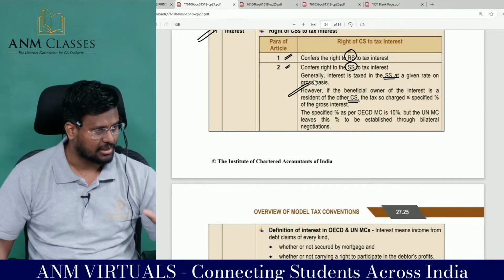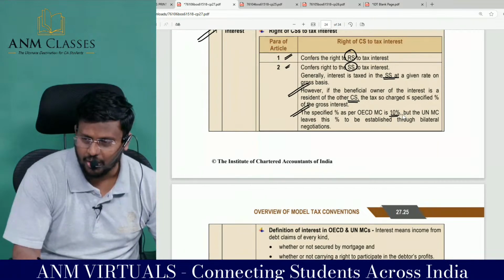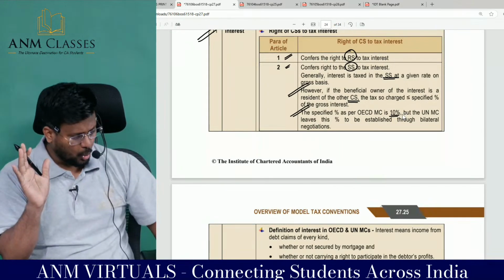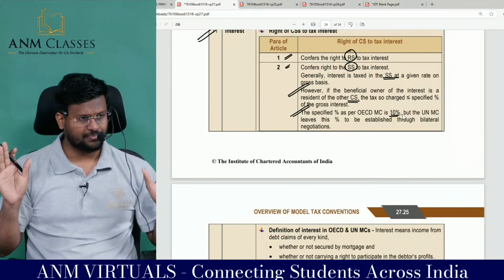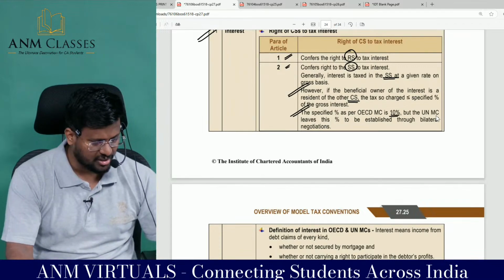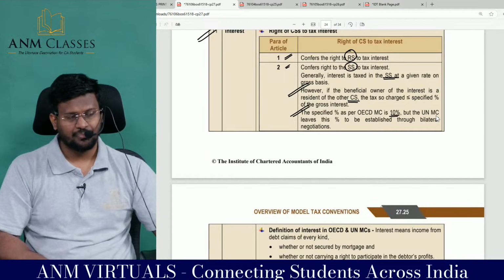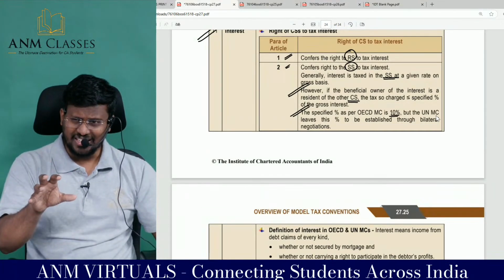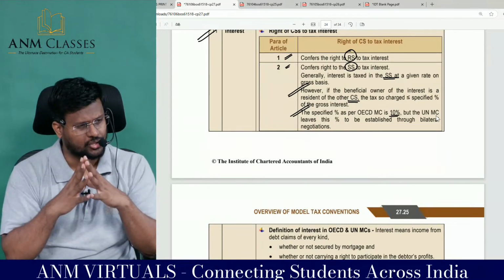The specified percentage as per the OECD model convention is 10%. OECD is saying that to the source state you give 10%. But under the UN model tax convention, this percentage is to be established through negotiation. UN is saying you have to sit and talk about whether it is 10, 15 or 20%.